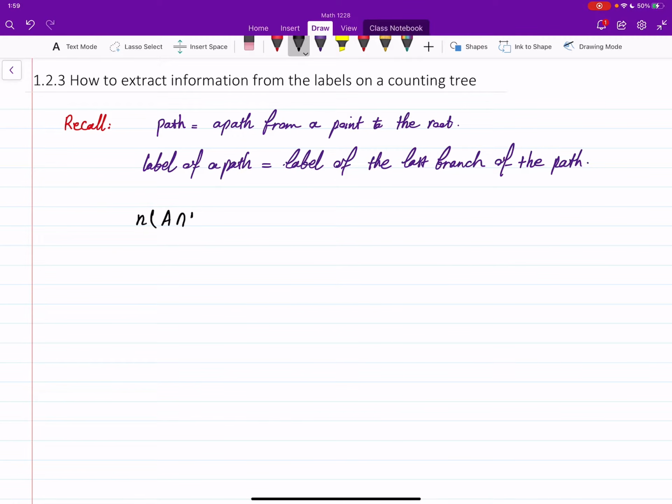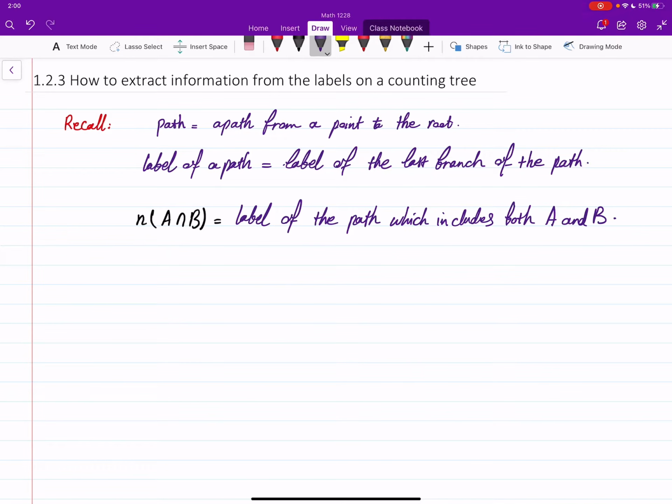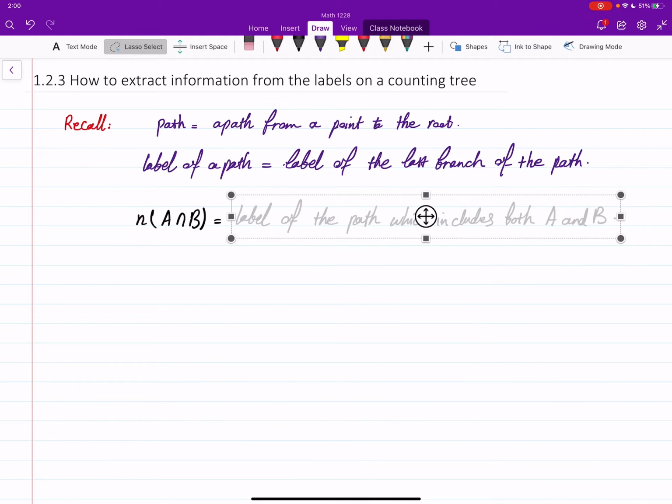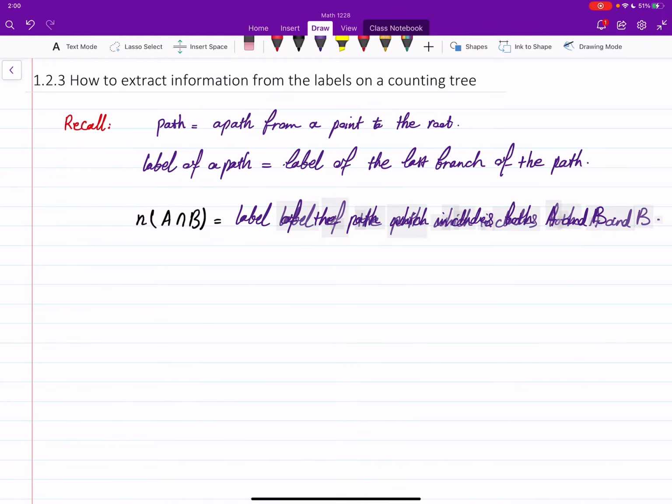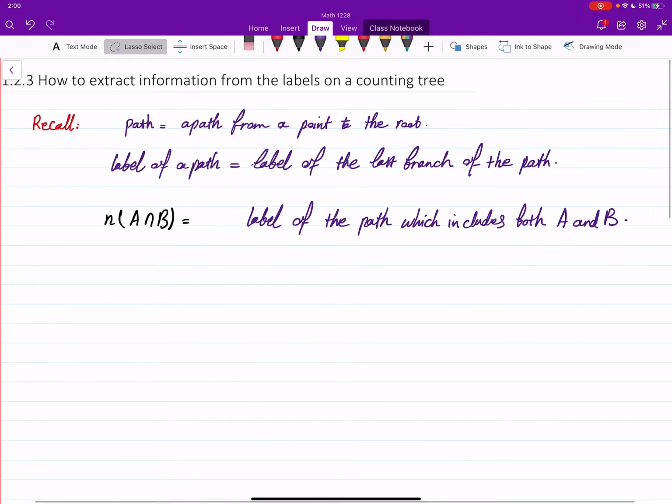Now, based on what we have learned before, n of A intersect B is equal to the label of the path which includes both A and B. Well, this is the rule that we talked about before, but now I want to make it a little bit more general, because there might be more than one path which has this property.